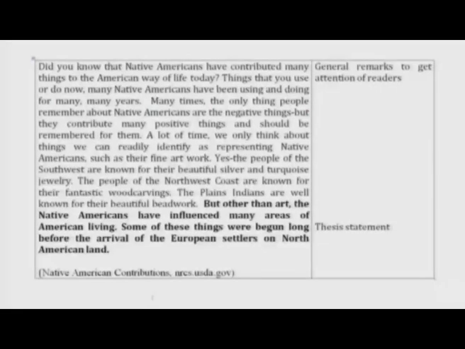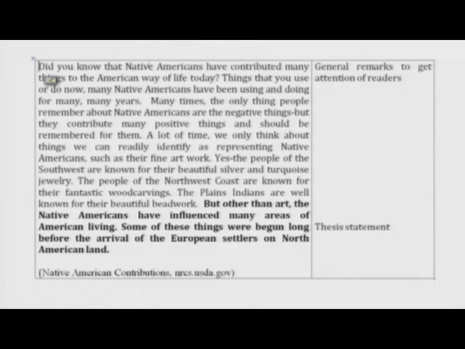Now, let us look at a sample introductory paragraph. Okay. This paragraph is about Native American contributions. So, let us read this.